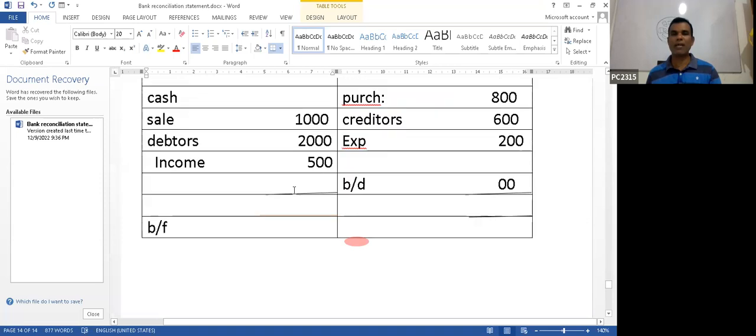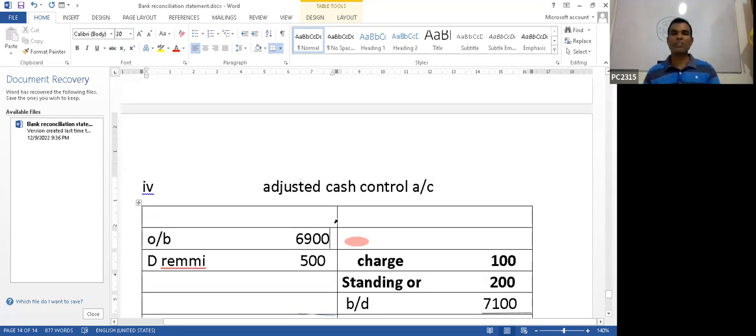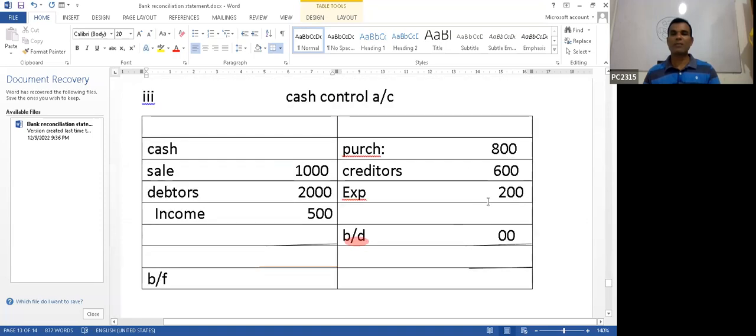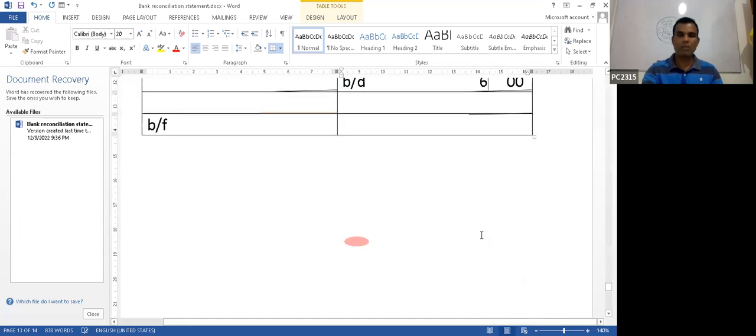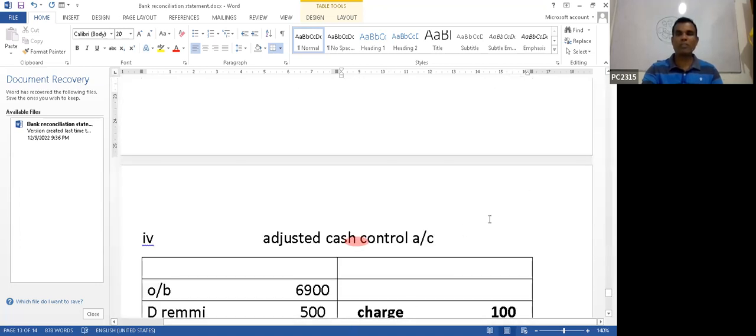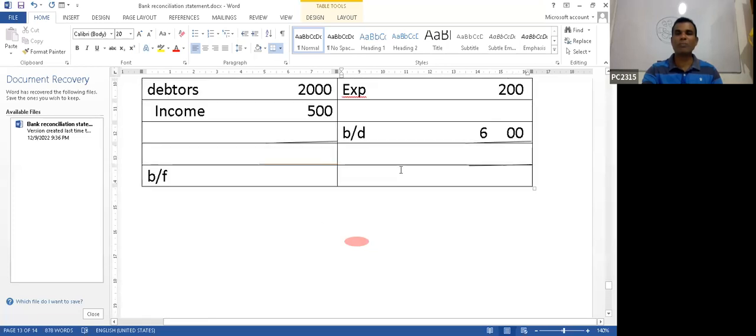Understand? Now here in this cash book, balance brought down should be how much? 6,900, because this is the amount that should be the closing balance of the previous bank cash control account.